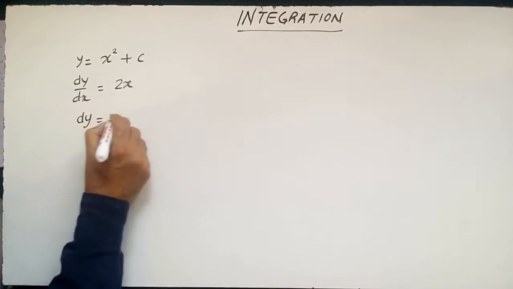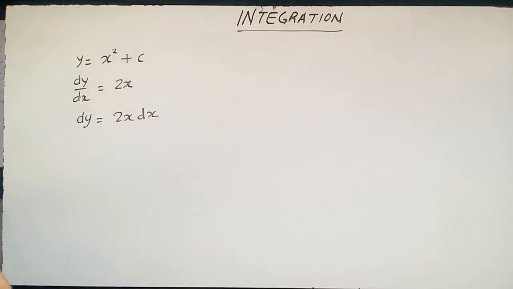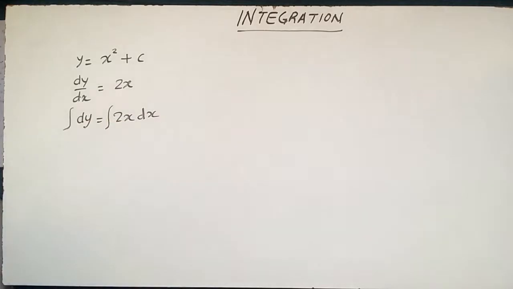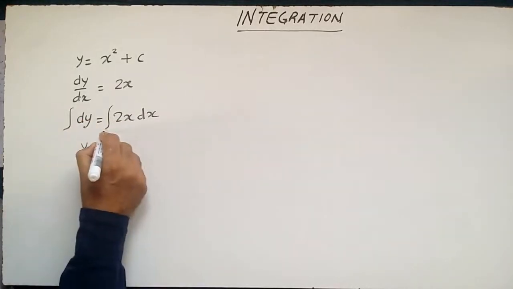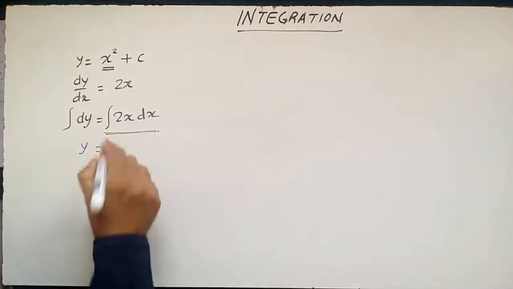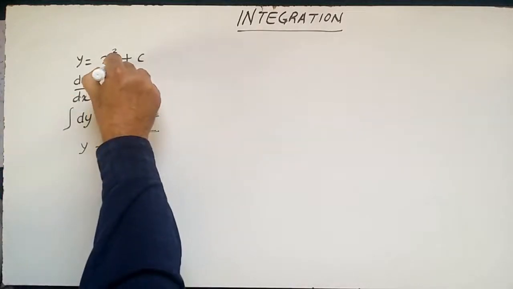We can write this as dy is equal to 2x dx. If we integrate both sides, the integration of dy is basically y, and the integration of 2x dx gives us x squared. How do we get 2x converted into x squared?